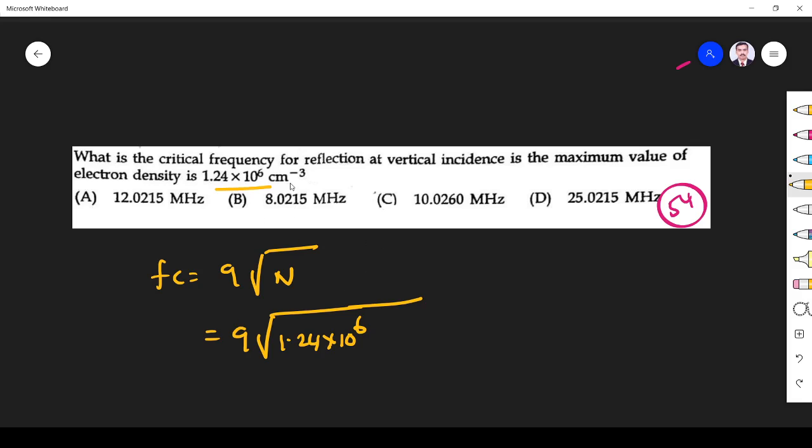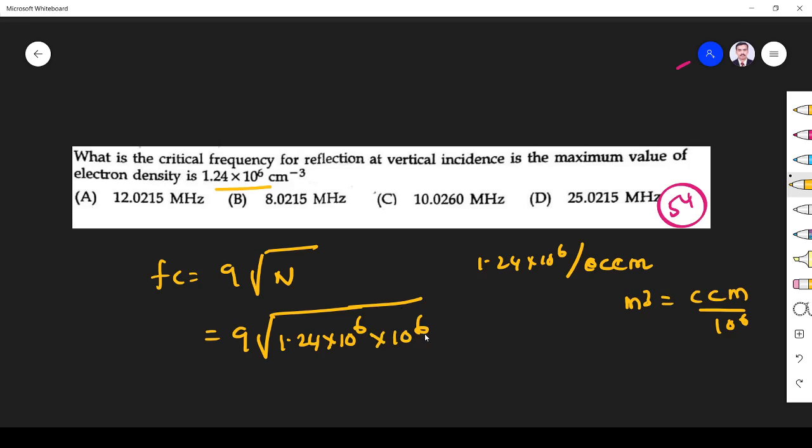Here you see the density is per cubic centimeter. 1.24 into 10 power 6 divided by cubic centimeter. We have to convert into meter cube. Meter cube is equal to CCM divided by 10 power 6, so to convert per CCM into per meter cube, we multiply by 10 power 6.